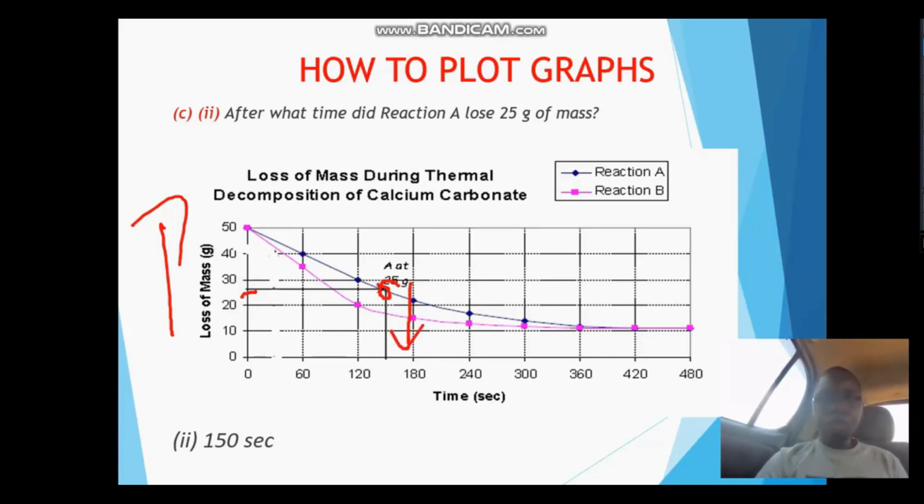So you notice that it is at this point that the mass loss of 25 grams happened. So what's the time here? Very likely this time is 150 seconds. So after 150 seconds, reaction A had lost 25 grams.